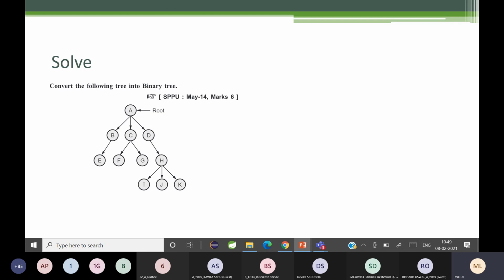सबको screen दिख रहा है ना? Everybody can see the question, right? Yes, ma'am. Do it. Remember the rules and based on the rules, please do it fast. See, it's a 6 marks question.